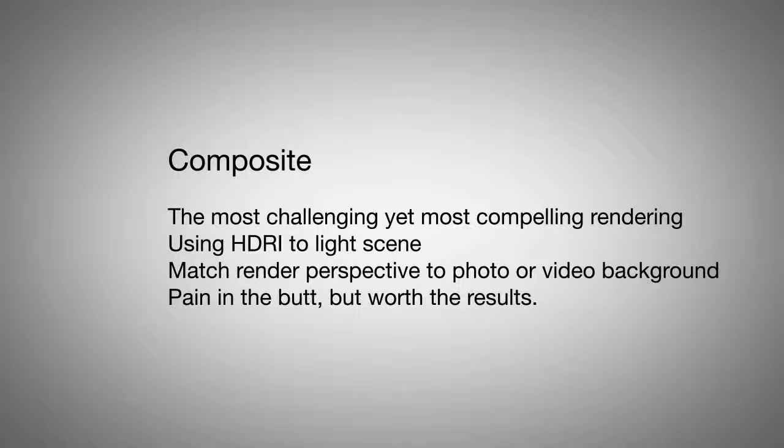Because visual effects people out there, you've probably felt the pain of your first rotoscoping job, or adjusting the color temperature of your scene versus the rendering, or even adjusting the physical camera lens of the render to match the perspective of how the photo or video was taken so that everything's matching in perspective.